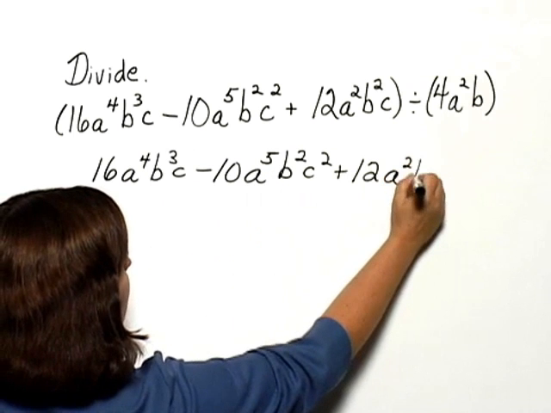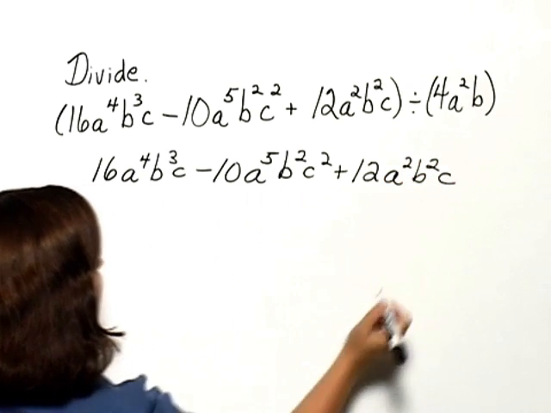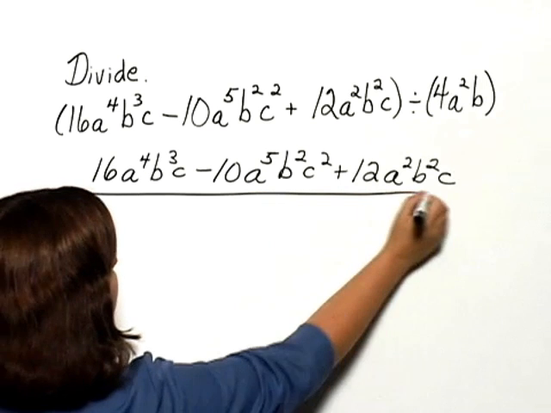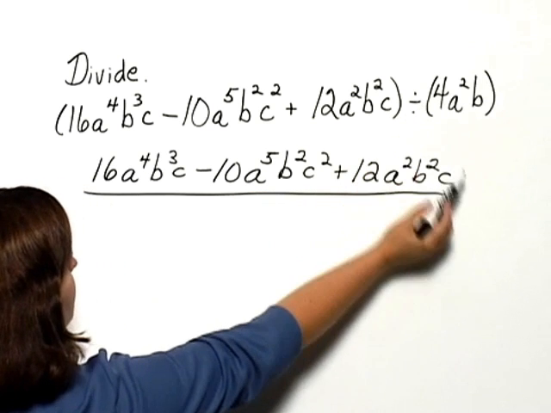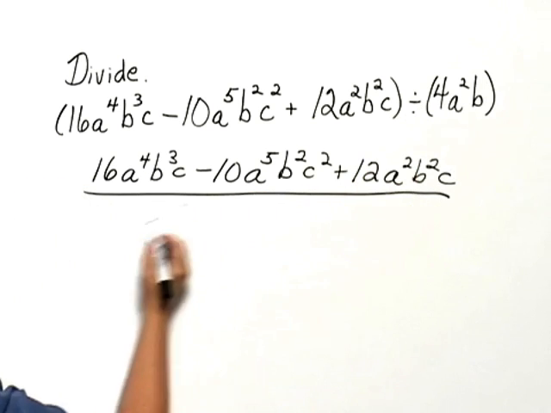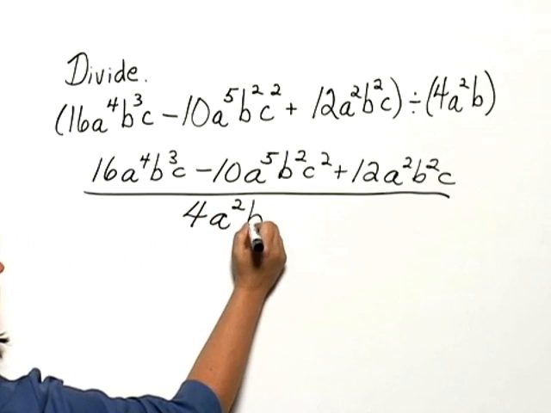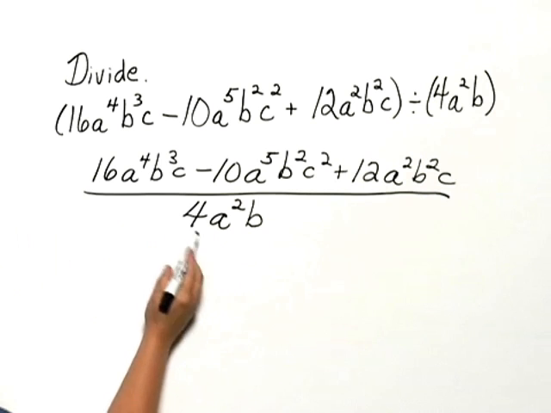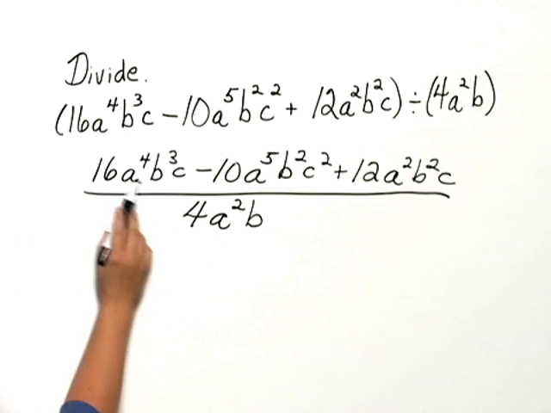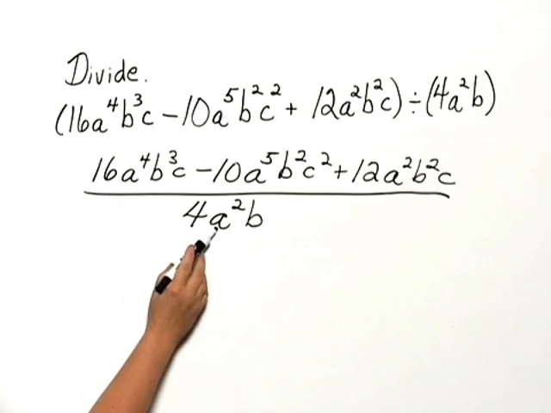So we have our first polynomial, and then this division symbol becomes the dividing line here, and then we have 4a^2b. Now when we do this, we can actually split this up and divide each of these by 4a^2b.